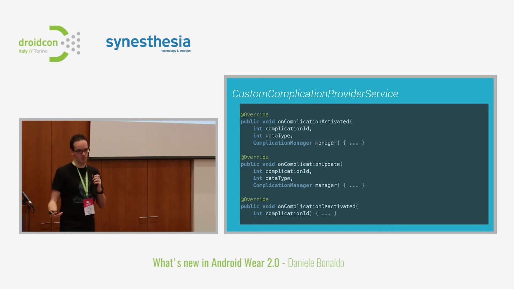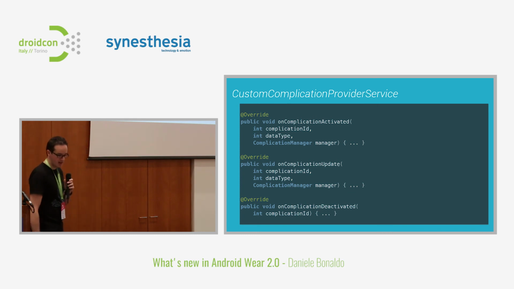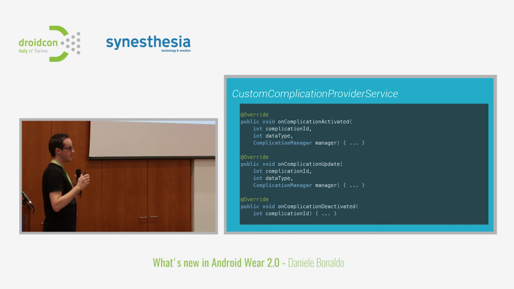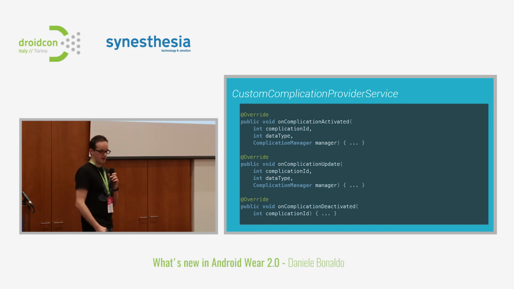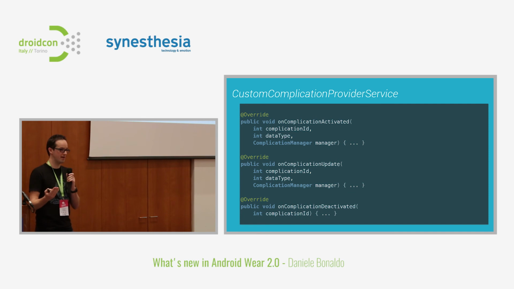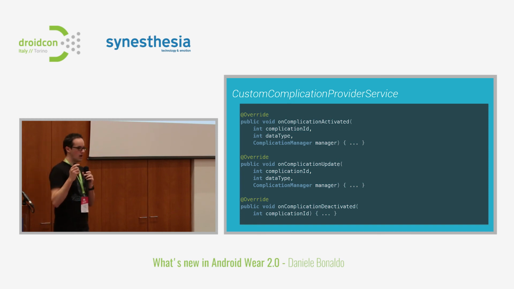And this is the most important method, as you can imagine, which is on complication update. This is where your service needs to provide the complication data, which will be received by the watch face. Finally, your service will also be notified when your complication is not displayed anymore, because, for example, the user changed in order to use another provider, or when the watch face is not active at all. So you will have a callback for that.